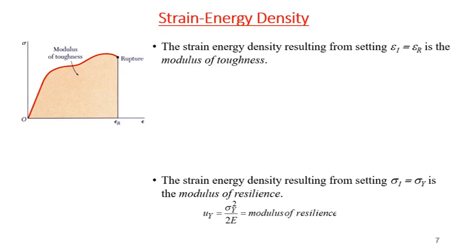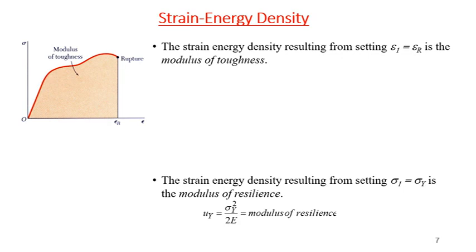this is known as strain energy density, and there are some material properties associated with it. This is again the uniaxial tensile stress strain curve. The energy under the whole curve is known as the modulus of toughness. That is a material property. It means if you have a structural member or machine member of a certain material, and you put in this amount of energy, it will break.